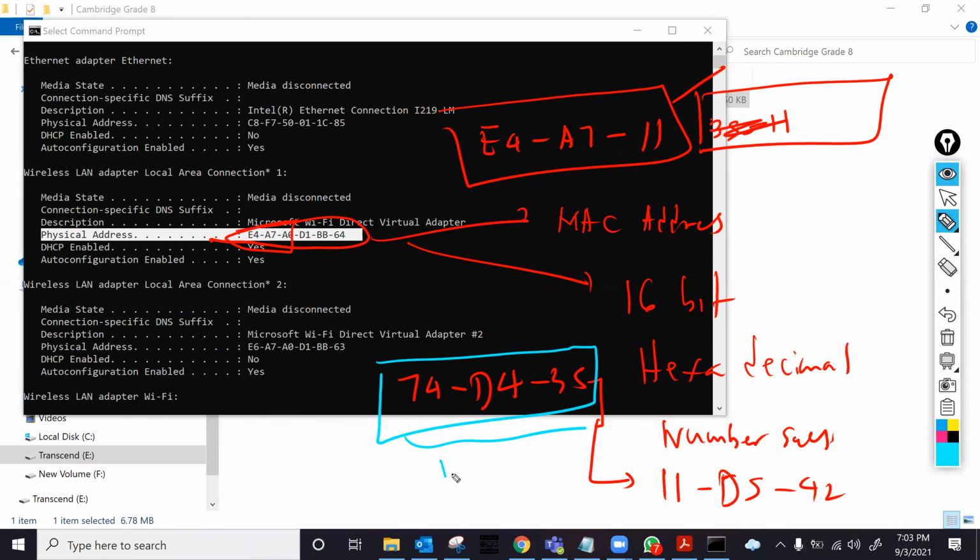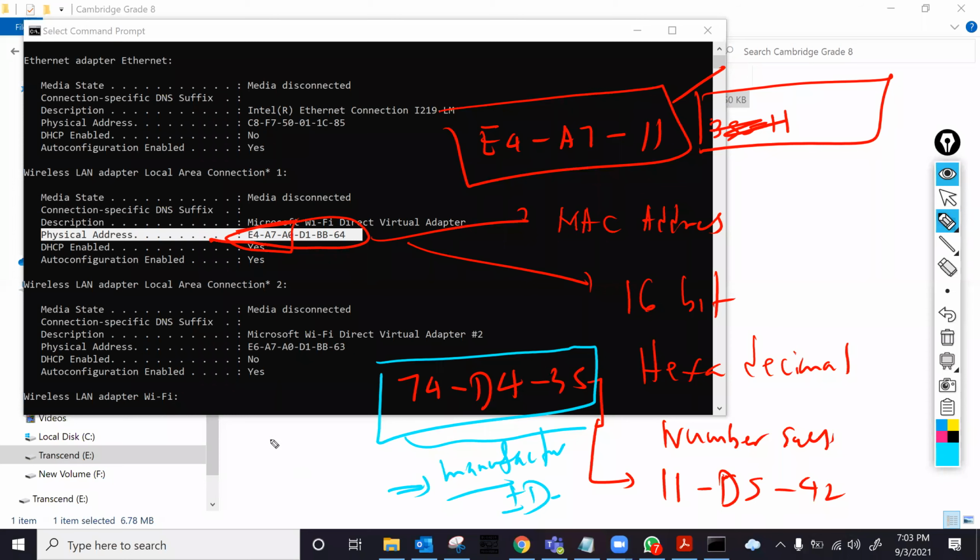Manufacturer ID. I said that it identifies who is producing this network interface card. Manufacturer means producer. Who creates this card?